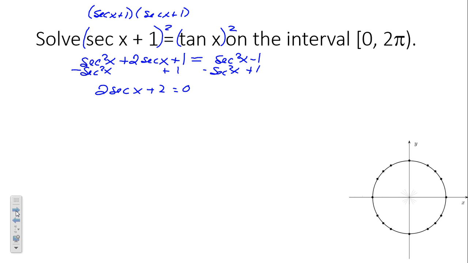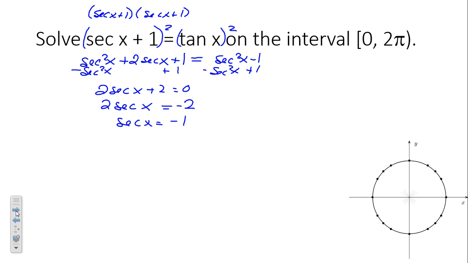I could have. But by the time we're in pre-calc, I'm hoping we can skip a step, maybe. But I don't want to confuse you. So if 2 times the secant of x equals a negative 2, then the secant of x is going to be negative 1.